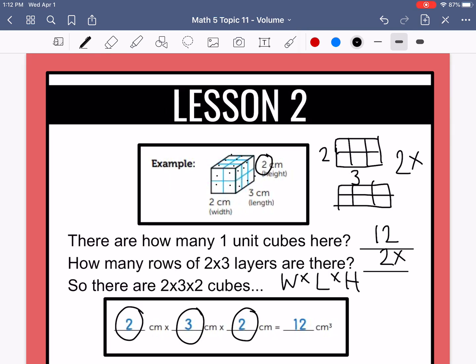Now, let me point out something. They've called this one the width, they've called this one the length. You might have switched those. If you switch those, that's perfectly fine. If you consider this the length and this one the width, that's fine. That does not cause a problem. When you are multiplying, multiplication is commutative.